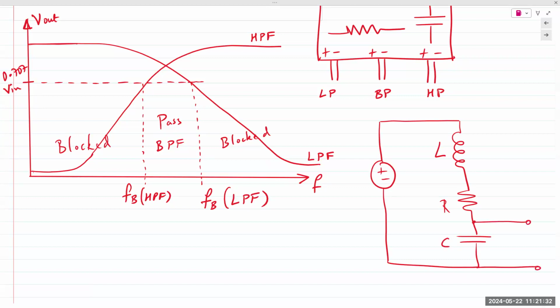That's the first filter we studied. You obtain low pass filtering. If you take an RL circuit and you take the output across the inductor, you obtain a high pass filtering action.